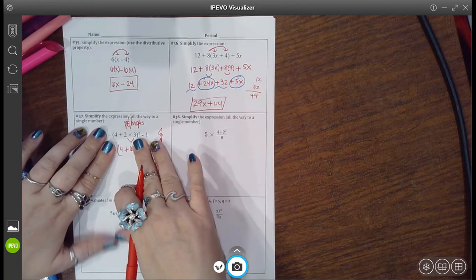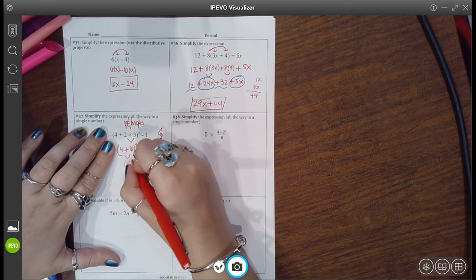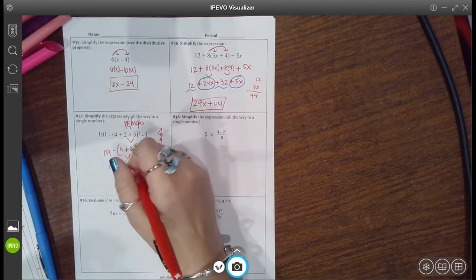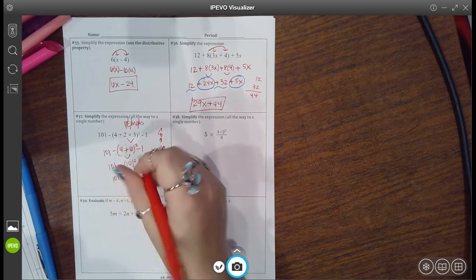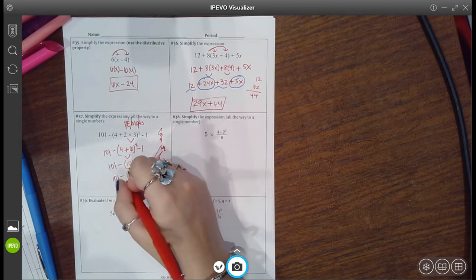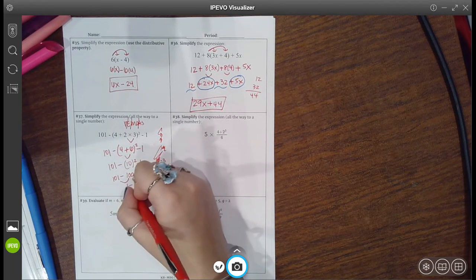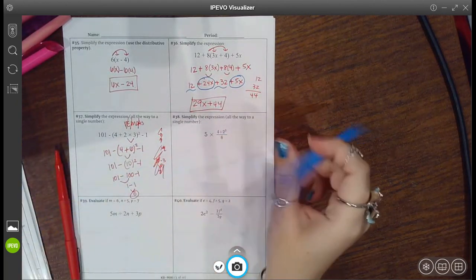And then I still need to simplify the parentheses. 4 plus 6 is 10. And then 10 squared is 100. And now that it's all subtracting, you just go from left to right. 101 minus 100 is 1. Bring down the minus 1, and 1 minus 1 is 0. Yep, all that work for 0.